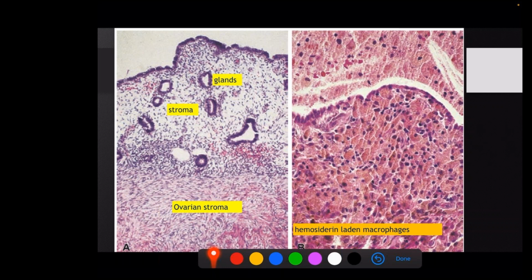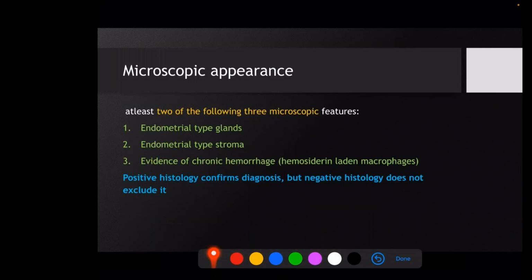That is how the diagnosis is made. The positive histology confirms the diagnosis, but negative histology does not exclude it. Positive histology means at least 2 of the 3 following microscopic features should be present: endometrial type glands, endometrial type stroma, or evidence of chronic hemorrhage or hemosiderin-laden macrophages.